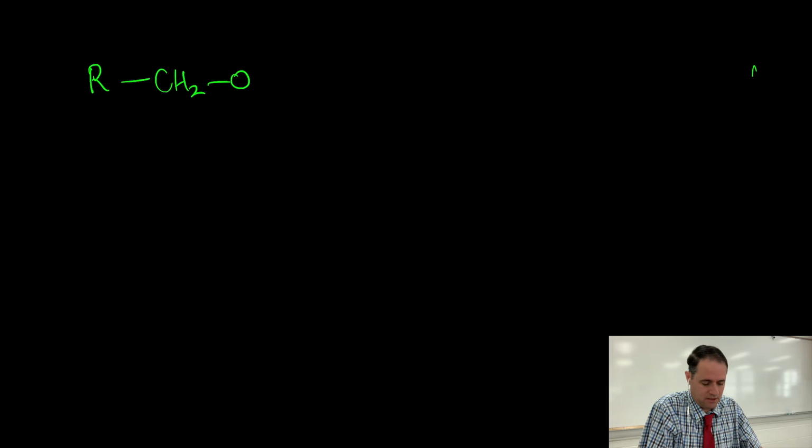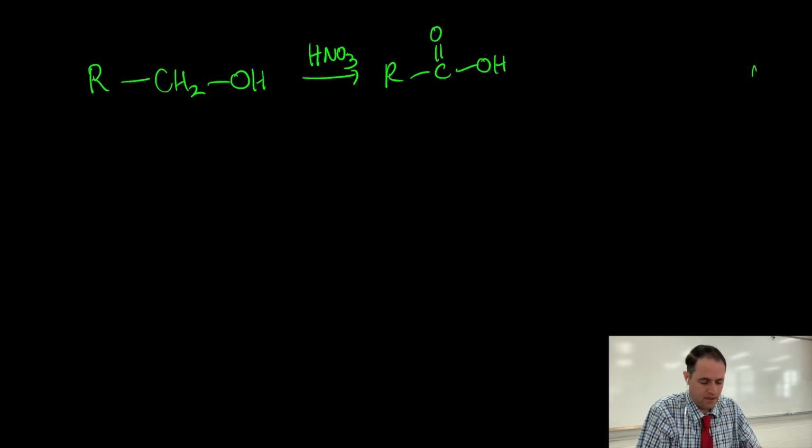So what exactly is the mechanism by which a primary alcohol can react with nitric acid to give you a carboxylic acid? And what's the mechanism by which an aldehyde can also react with nitric acid to give you a carboxylic acid?